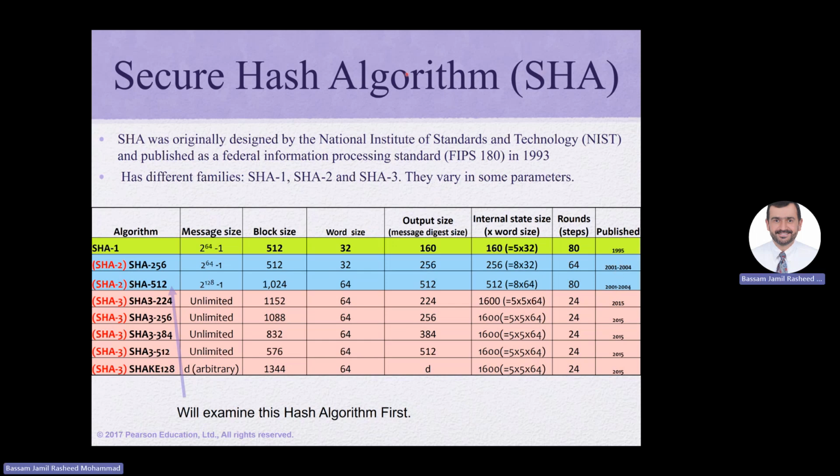And then we have SHA-3. Here's SHA-3 with multiple flavors. You have unlimited message size, and then the outputs 224, 256, 384, 512, etc. And there is one last one that was suggested, which is SHAKE, probably 128.